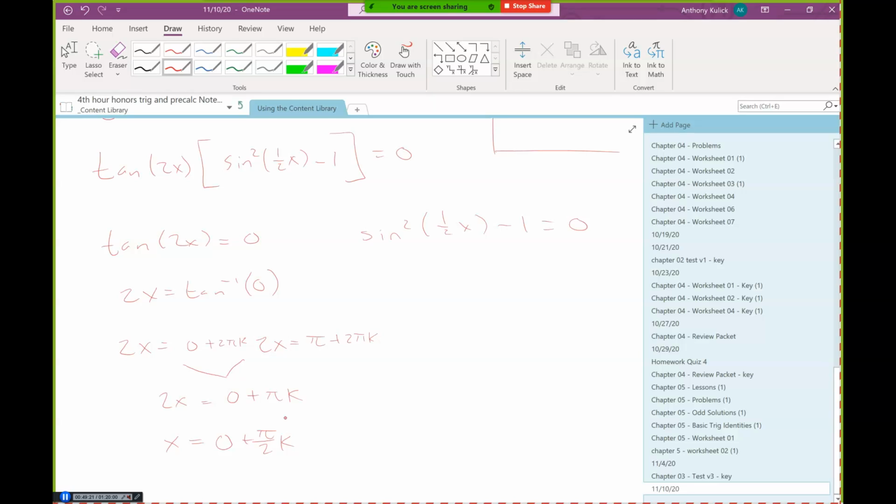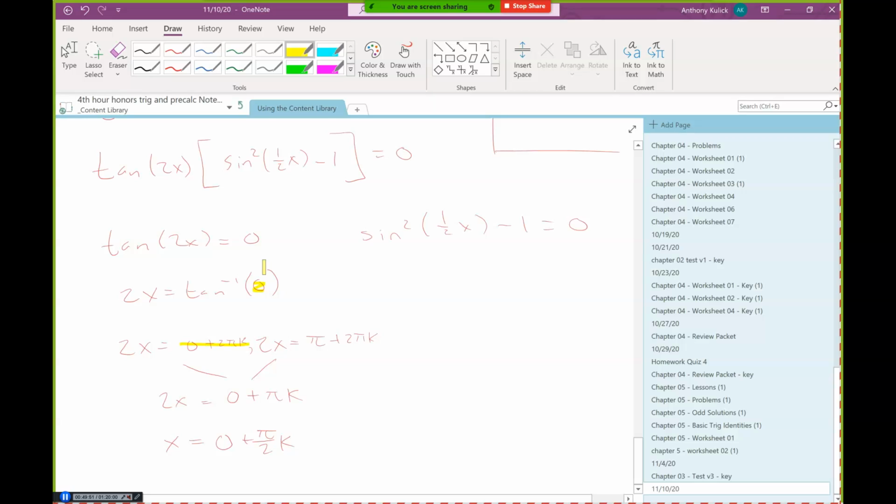So I go to the unit circle, and the place where tangent is equal to 0 is when the y coordinate is 0.